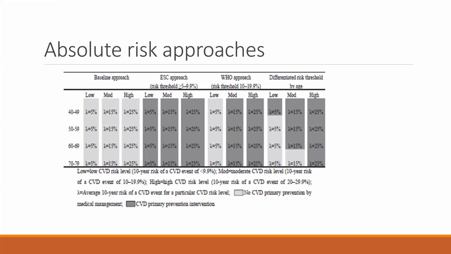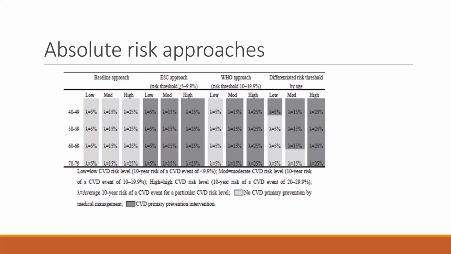These are the absolute risk approaches which we analyzed. The first one was the baseline approach, where we assumed that the cohort of Tanzanians of low, moderate, and high risk were not given any medical interventions for primary prevention of cardiovascular diseases.